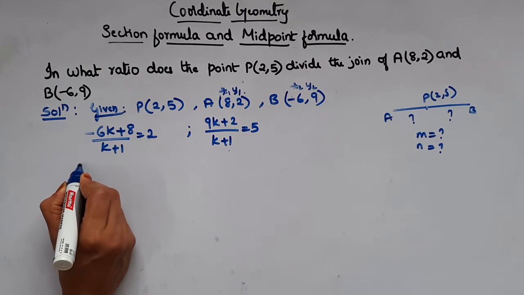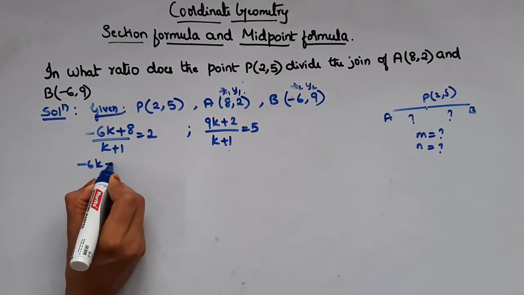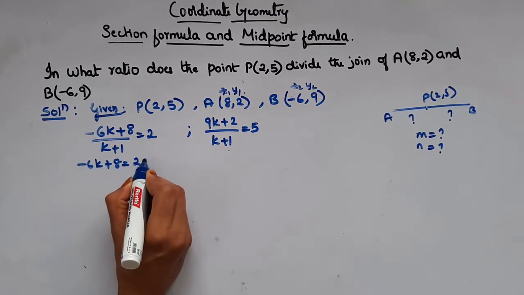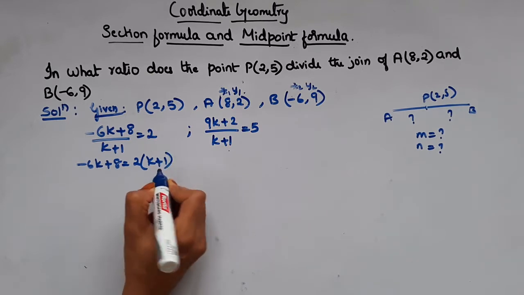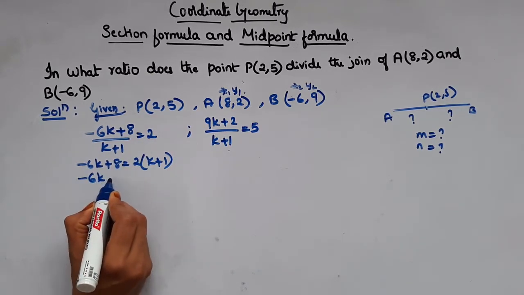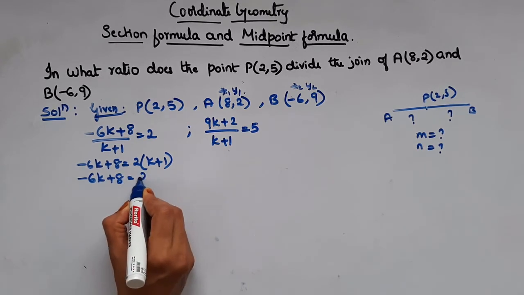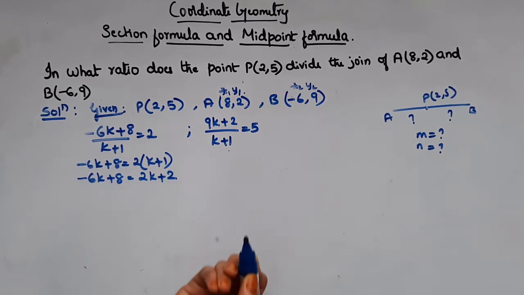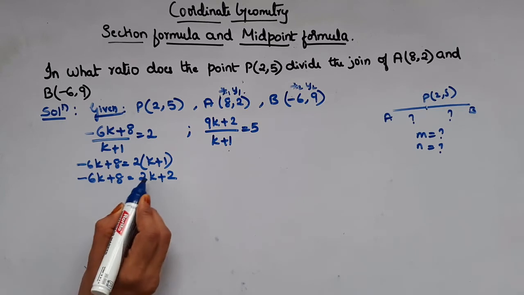In this case, we have minus 6K plus 8 is equal to 2 into K plus 1, right? That is by cross multiplying. So we have minus 6K plus 8 is equal to 2K plus 2, right? So now let's bring the K terms together.